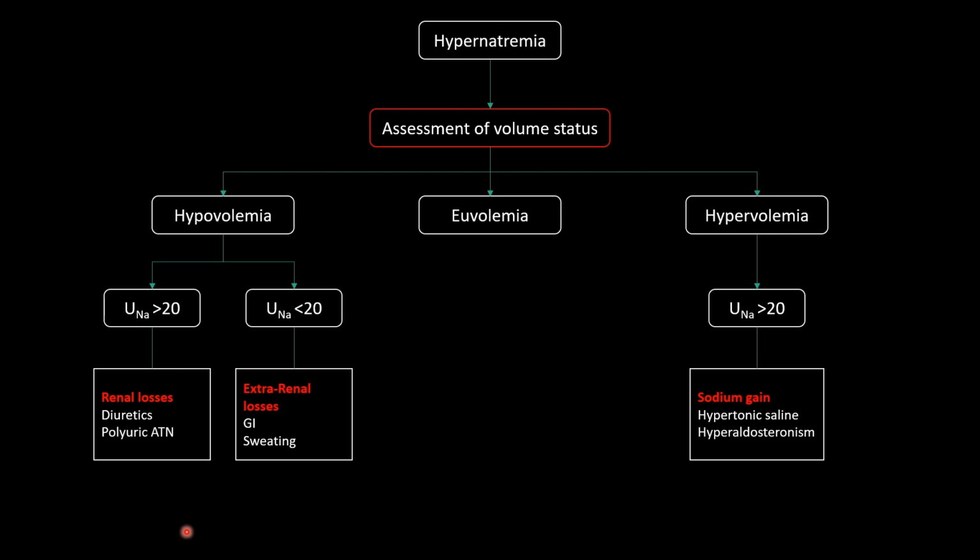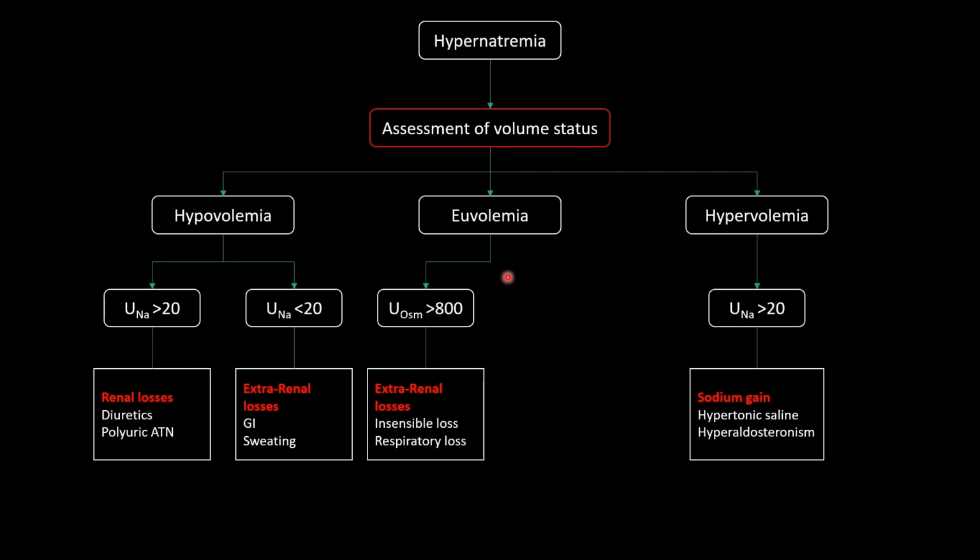So what can be the causes? Those causes can be differentiated by doing the urinary osmolality. If the patient is having urinary osmolality of more than 800, that means the patient is excreting an increasingly concentrated urine. So the patient will excrete concentrated urine when there are other sources of loss from the body, like excessive sweating or excessive insensible water losses.